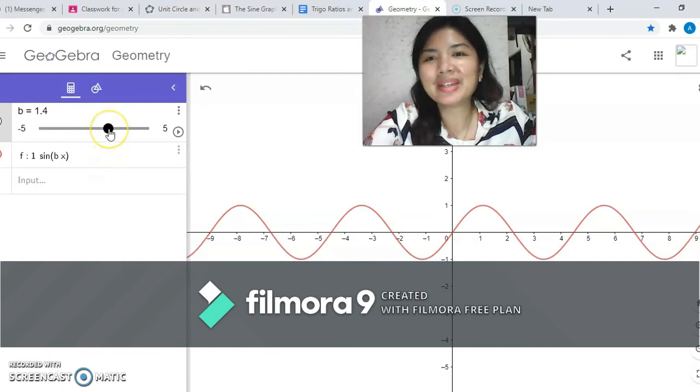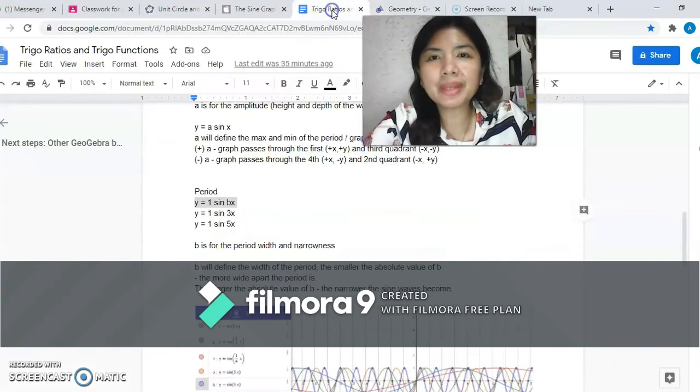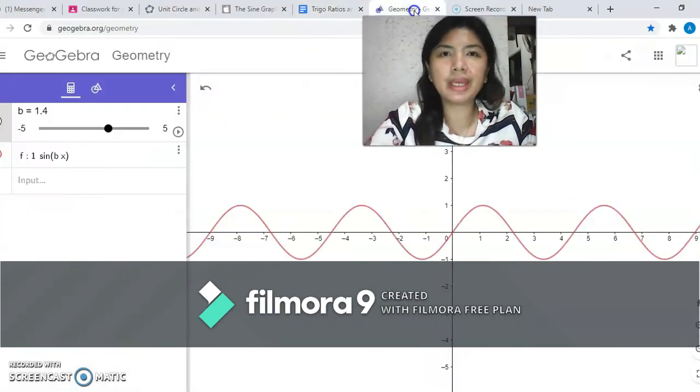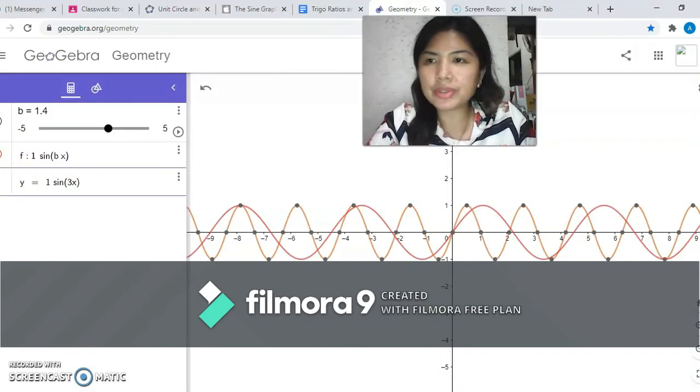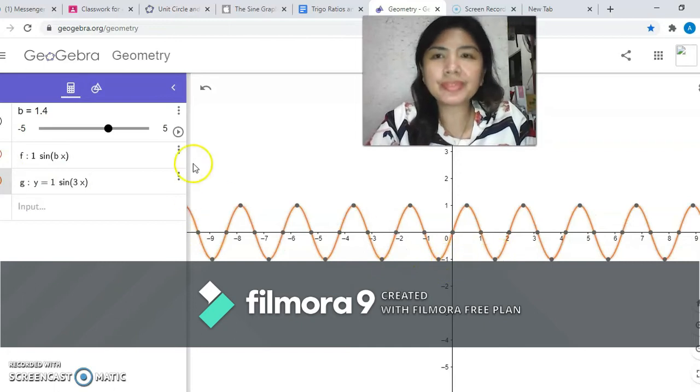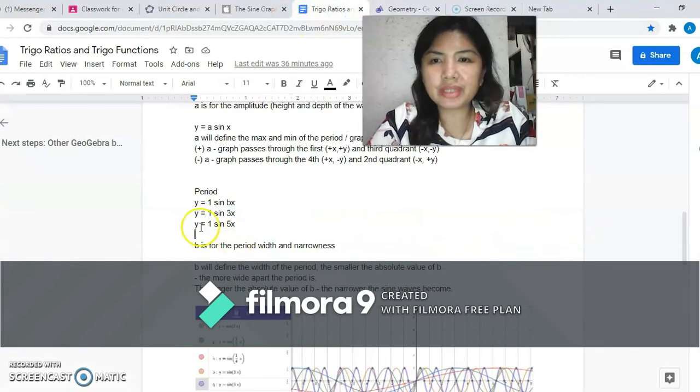Here is another example. I have here 3, so that for you to see the difference and for us to investigate.